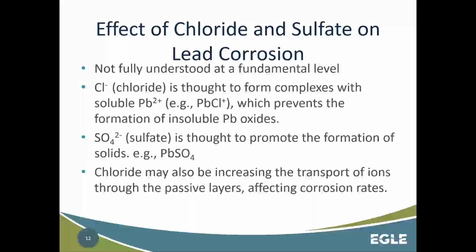So next, we're going to roll into concepts of what corrosion itself is in terms of what we deal with in drinking water. All right. So, the effect of chloride and sulfate on lead corrosion. Now, although we're starting to understand it a little bit better, it's still not completely understood at a fundamental level.